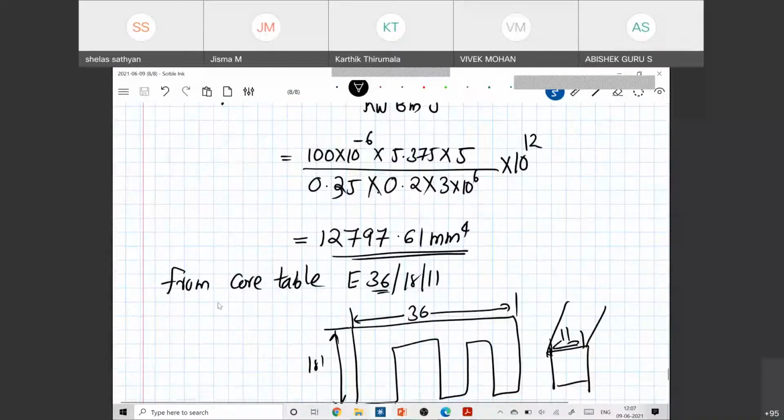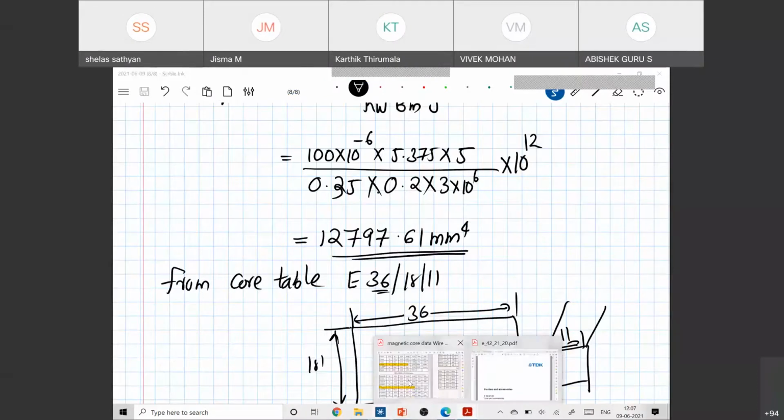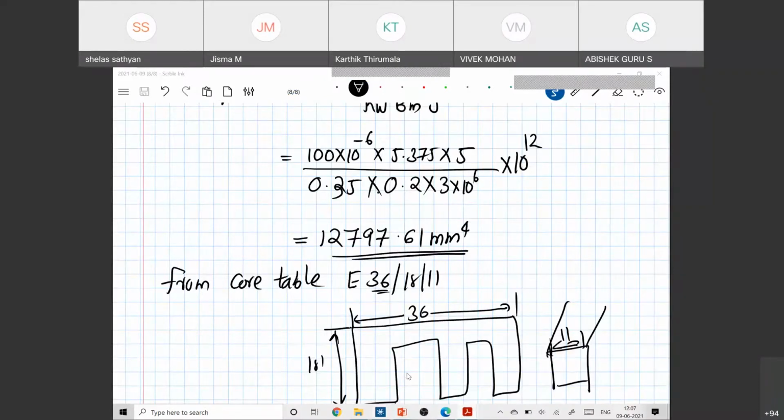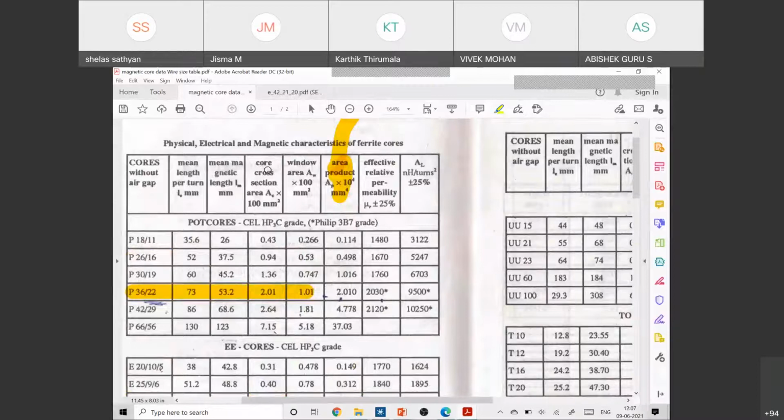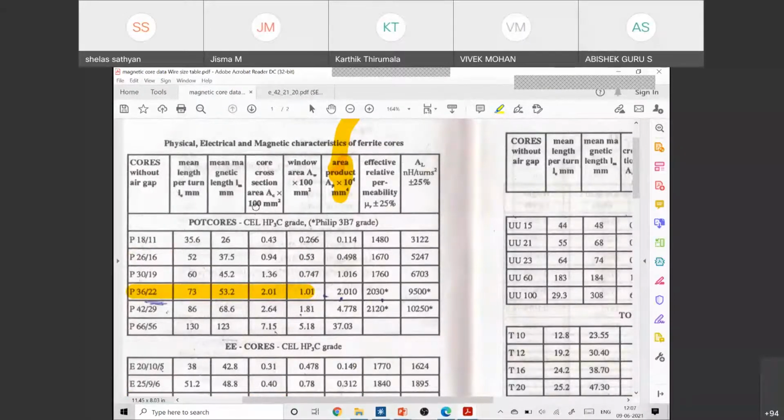Okay, so for our problem, we have found the core whose part number is C36 bar 18 bar 11. So for this particular core, what will be the cross-sectional area? The cross-sectional area AC in 100 mm square and window area AW in 100 mm square are given.